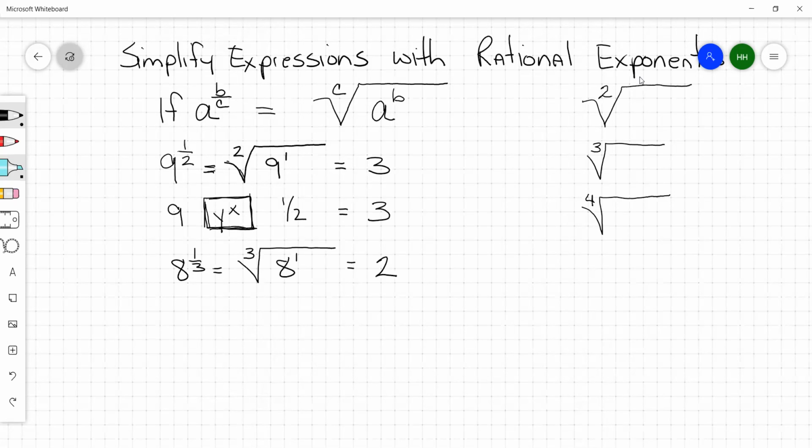All right, so if you're asked to evaluate 16 to the 1/4 power, you have to understand that it means the fourth root of 16 to the first. And 16 to the 1/4 power is equal to 2 as well.